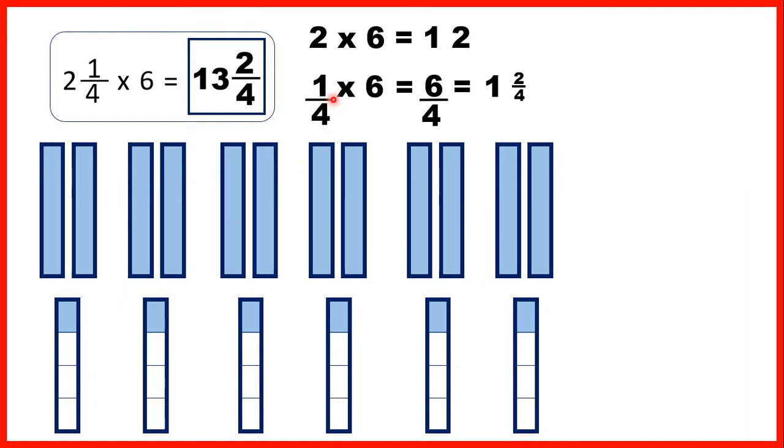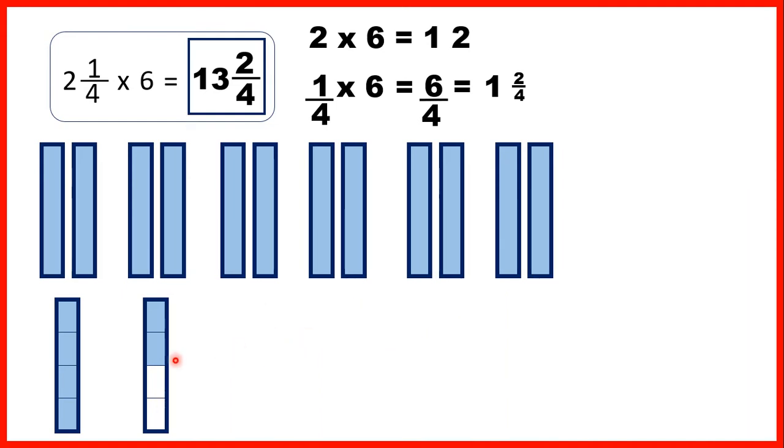Then we did 1/4 times 6 to get 6/4. Remember, each of these parts is 1/4, and we have 6 of them, so we have 6/4. But remember, we divided 6 by 4, and that gave us 1 remainder 2, so 1 2/4. And you can see, if we regroup these fraction parts, we now have lots of empty bars which we can just ignore.